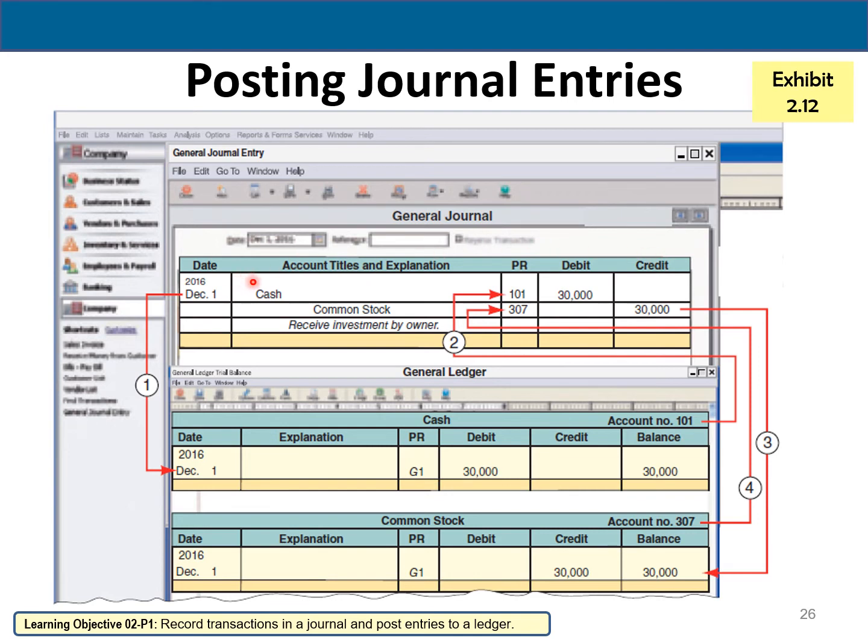In this case, the company received an investment by their owner. So they're going to debit cash to increase it for 30,000, and they're going to credit common stock to increase it for 30,000. But this is showing both sides of the transaction. When you post that transaction, the cash gets posted to the cash general ledger, and the common stock gets posted to the common stock general ledger.